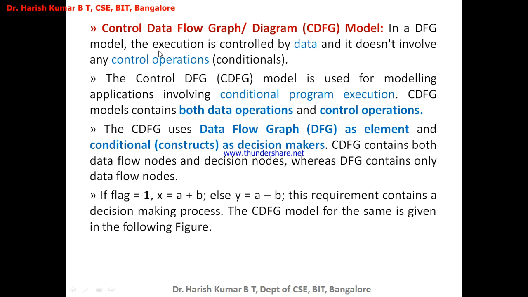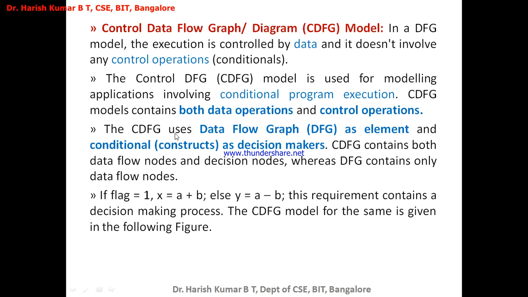So in this model you can observe both. I cannot say it is only a data driven model or a control driven model, it is both. You can observe how the data is flowing and how the control is also flowing, whereas in the previous model it is only the flow of data, and there is nothing to specify the flow of control.